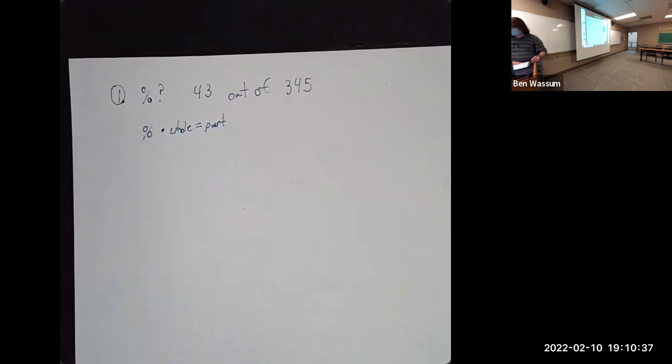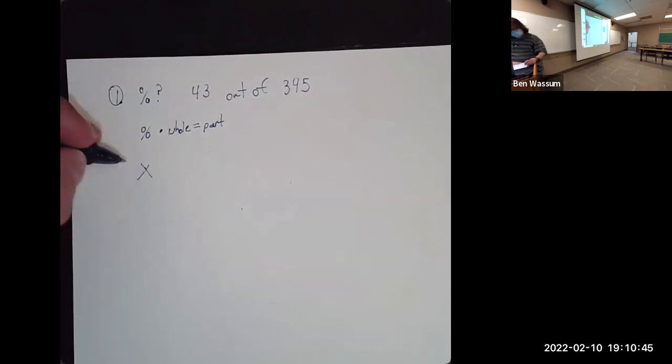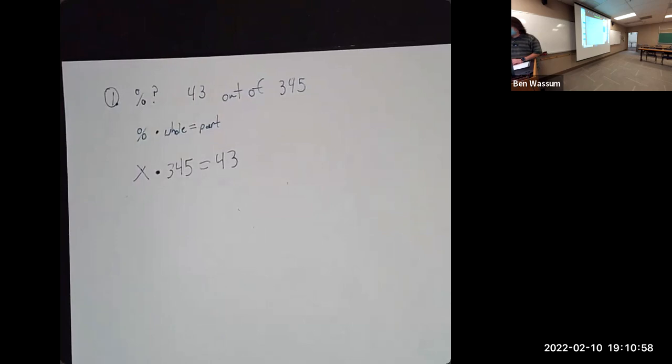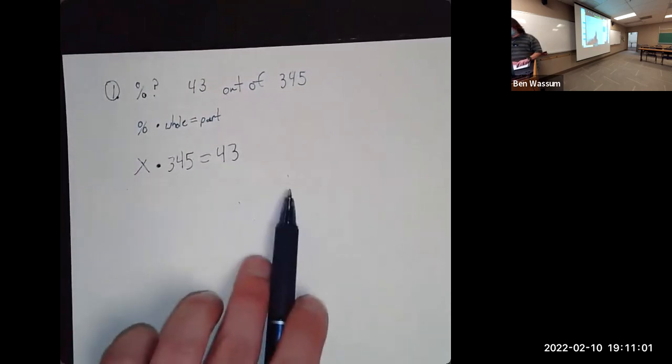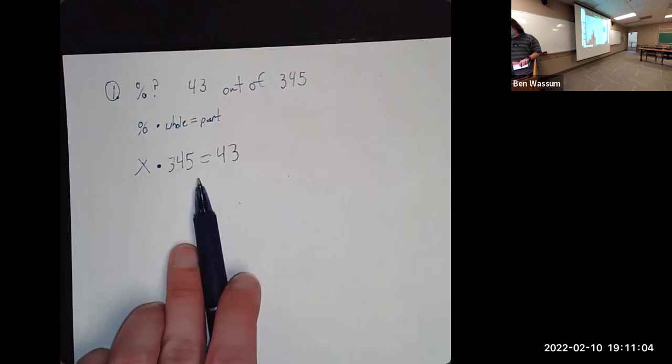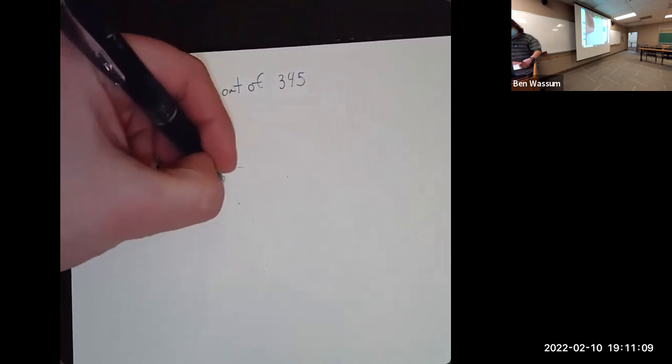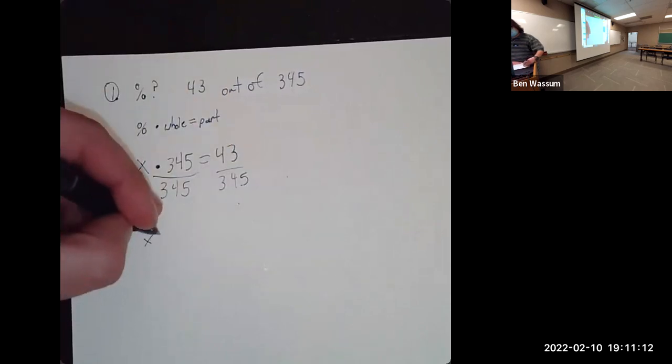Probably leaving it as a symbol is not a good idea, so we can call it a variable, doesn't matter what. I'll just call it an X. We know that our whole amount is 345 and our part amount is 43. Not much point in rewriting this as 345x. We can see the multiplication happening now, so we can just divide it off. That'll give us x is equal to 43 over 345.